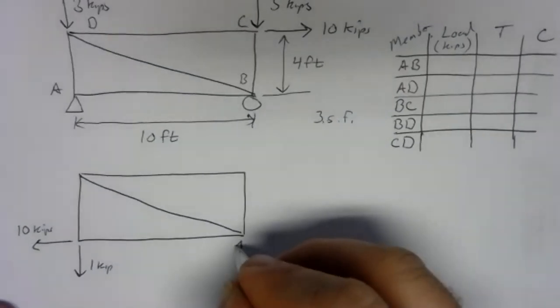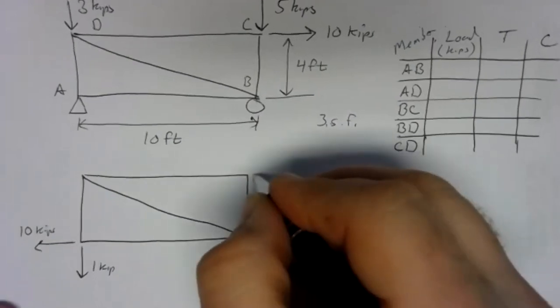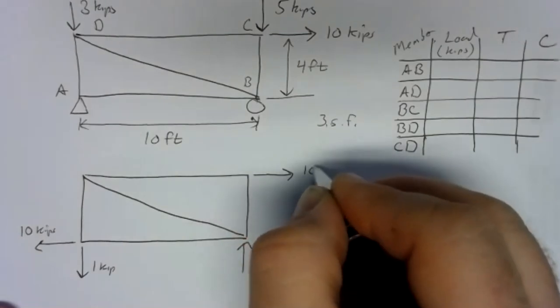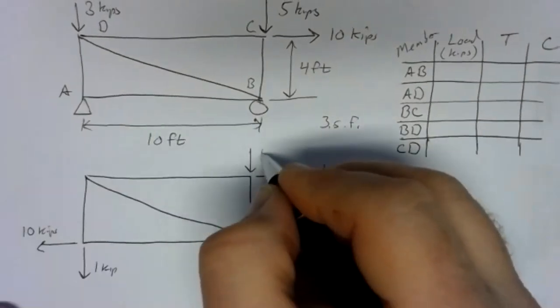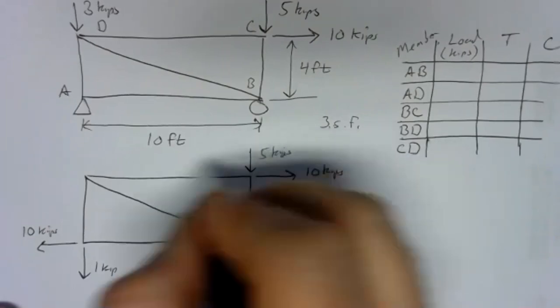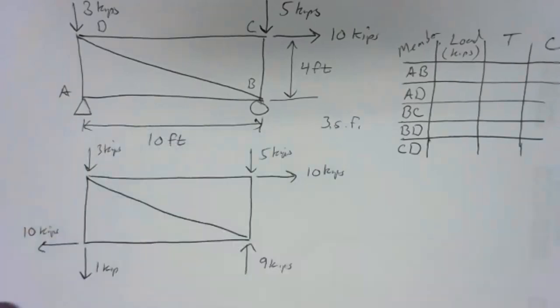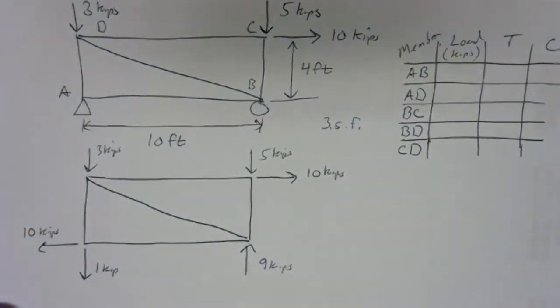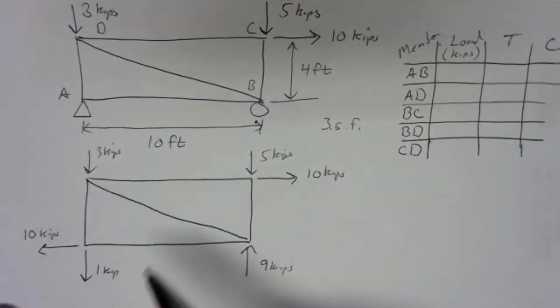And I had 9 kips up. Then 10 kips there, 5 kips, and 3 kips. And then we'll just read the geometry off of the original problem. So that's how the forces lay out.